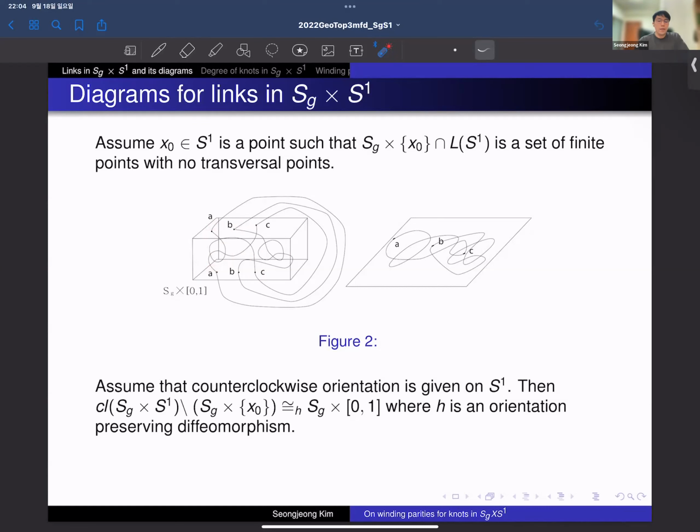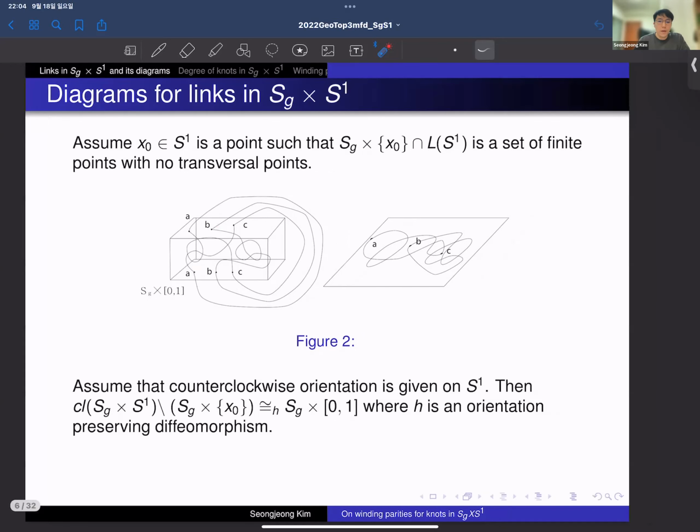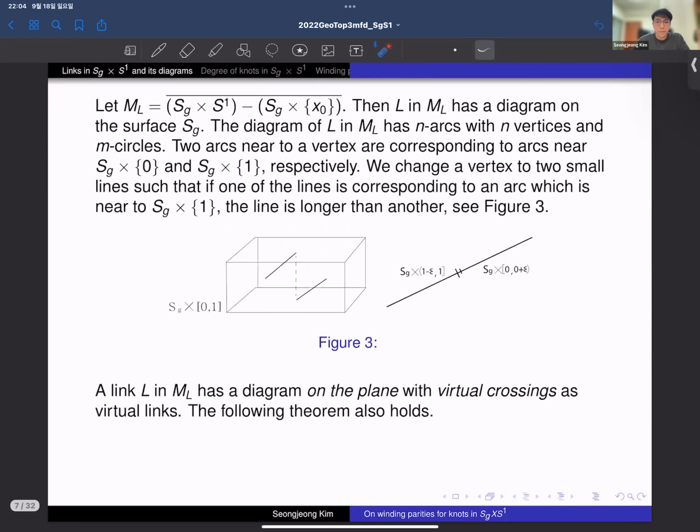As we did in virtual knot theory, we can give over-under information or virtual crossings for intersections. And now we replace the vertices, the points A, B, C, by double lines in the following way. Each point on the diagram corresponds to two boundary points on surface times 0 and surface times 1.